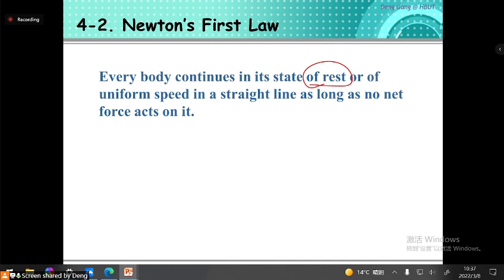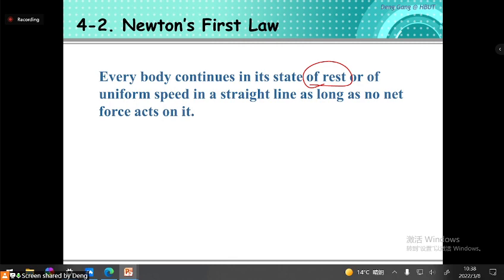But they didn't agree with the second part, that it can keep moving in a straight line with uniform speed when there's no force on it, because they believed that if I do not push it, it will not move. If I let it move with constant speed in a straight line, I must push it, which means I apply force on it.